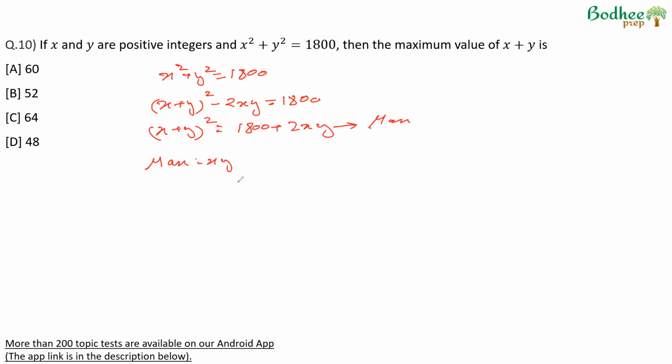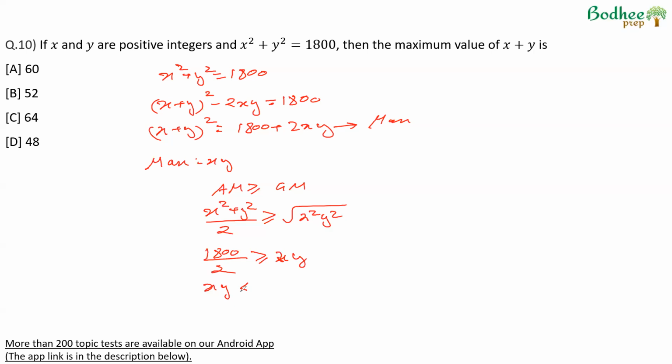Now if you look at x and y, we know that AM is greater than or equal to GM. Therefore x square plus y square by 2 will be greater than or equal to root of x square y square. x square plus y square is 1800. This will become xy. We can say xy is less than or equal to 900. So maximum value of xy will be 900.